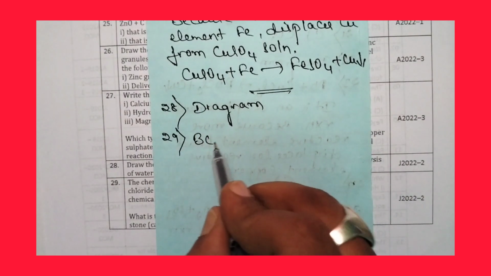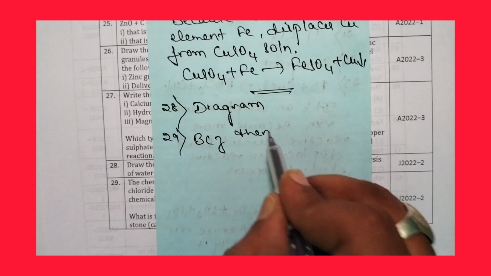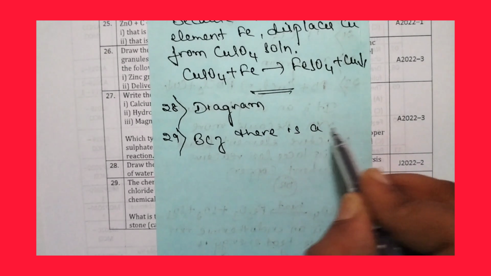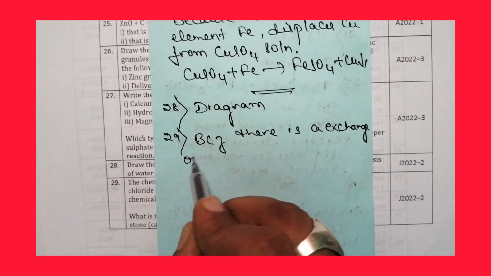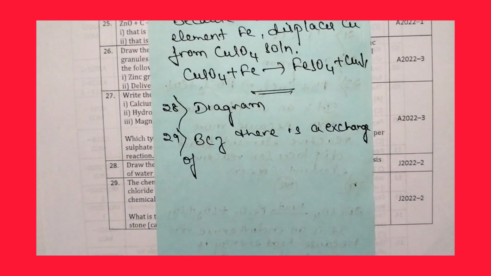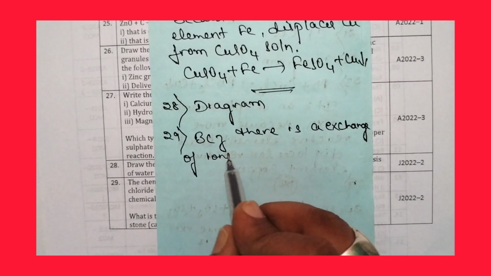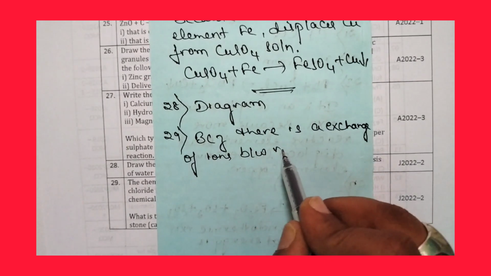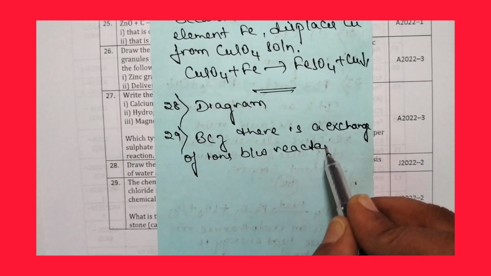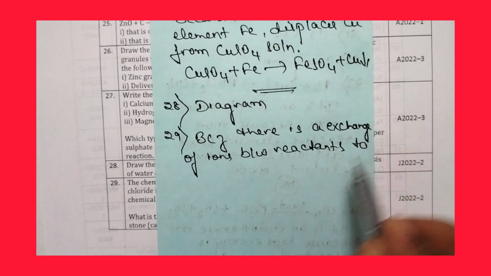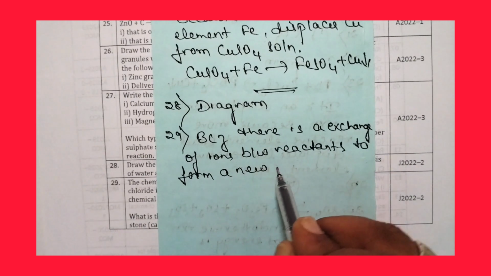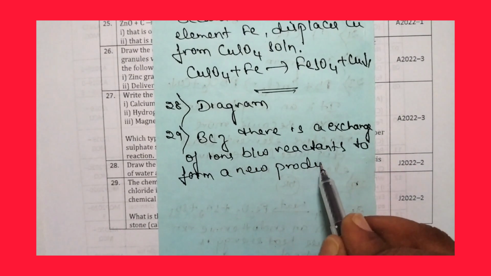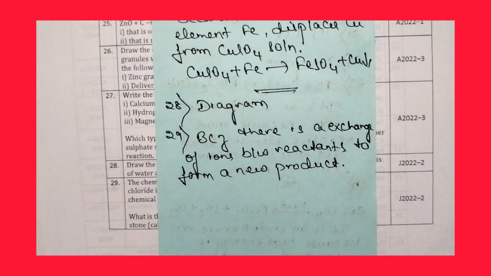Because there is an exchange of ions between reactants to form new products. Therefore it is called double displacement reaction.